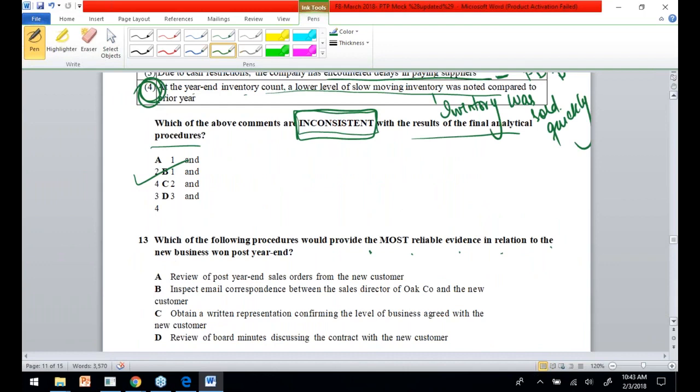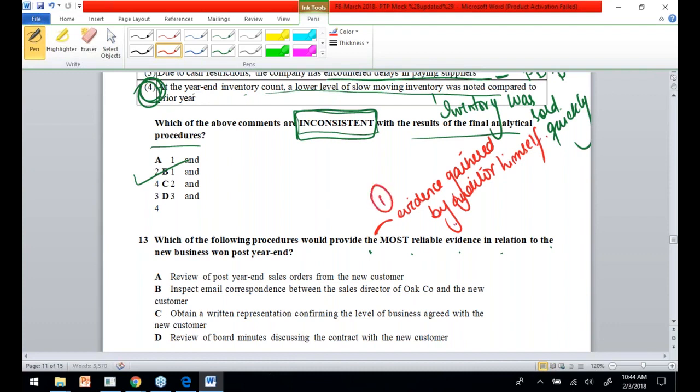Remember, now I'm going to revise something with you. When you're talking about reliability of audit evidence, the most reliable audit evidence is evidence gathered by the auditor himself or herself.